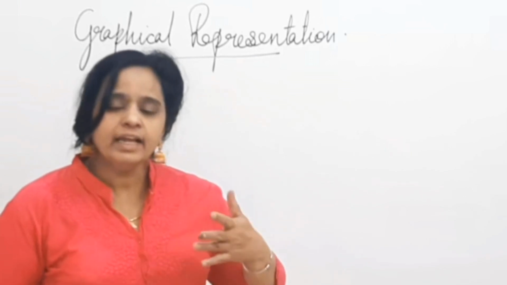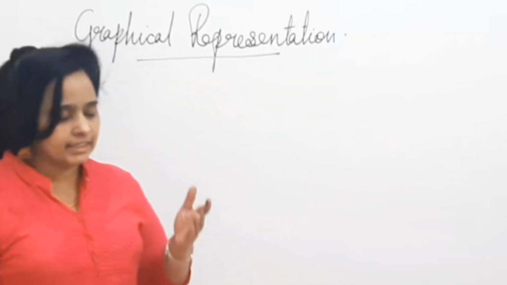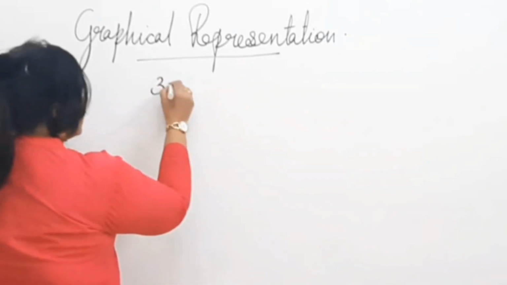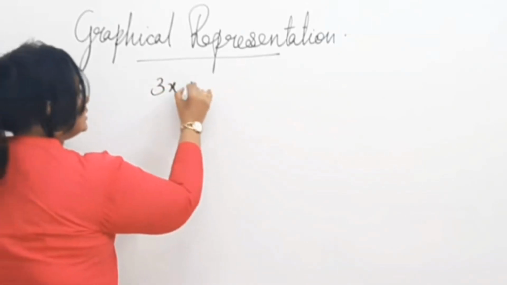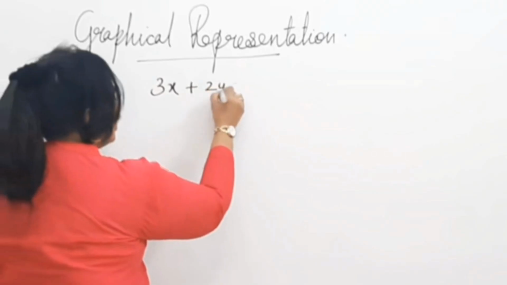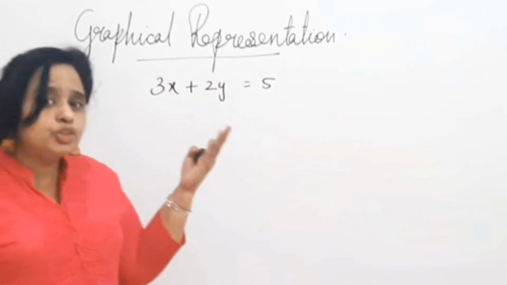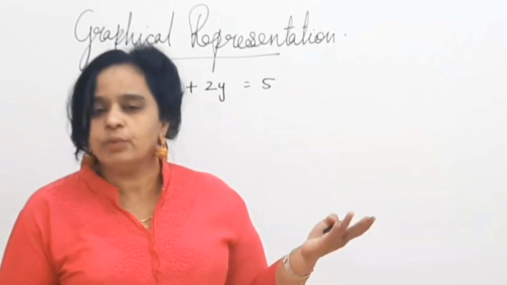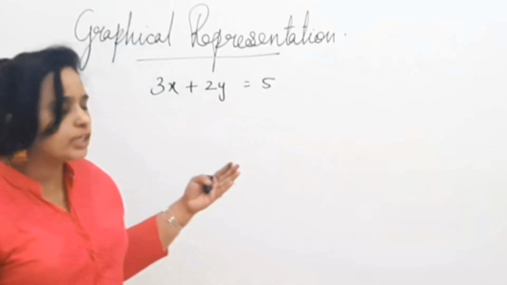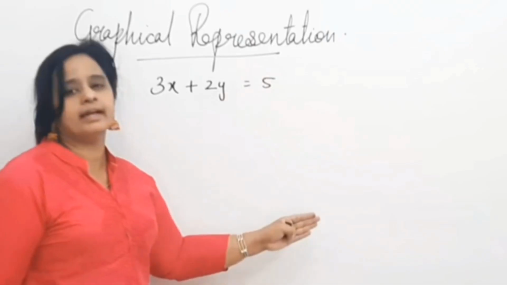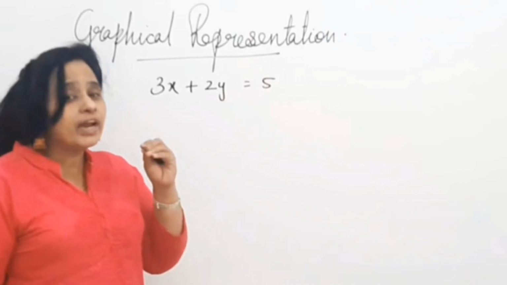We have studied in our previous classes that for a linear polynomial, the graphical representation is a straight line. You must have studied the pair of linear equations in 9th standard, like 3x plus 2y is equal to 5. It's a linear polynomial in two variables. When you plot the values of x and y in the graph, we get a straight line.